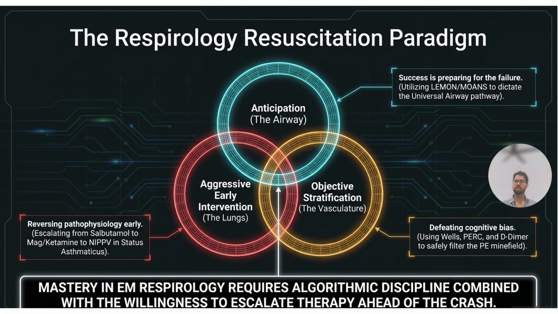We talked about MOANS for BVM, and finally RODS for supraglottic assist in establishing an airway. So what is the commonality in this? The theme is that we need to be very disciplined when it comes to applying the algorithms with a willingness to escalate the therapy ahead of the crash.